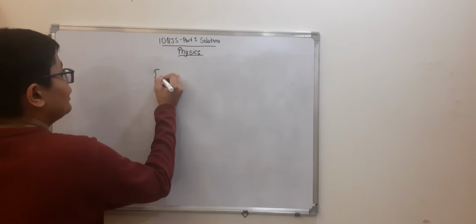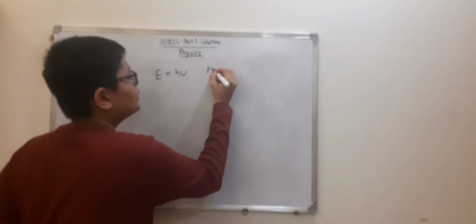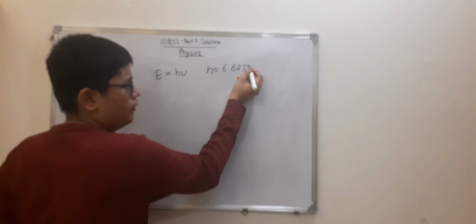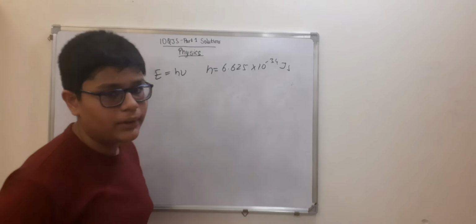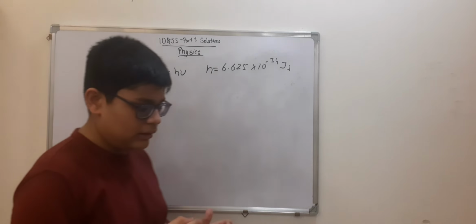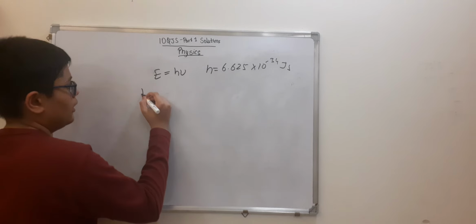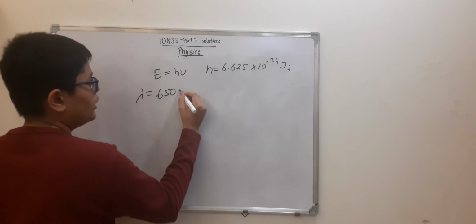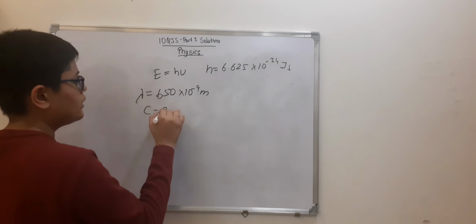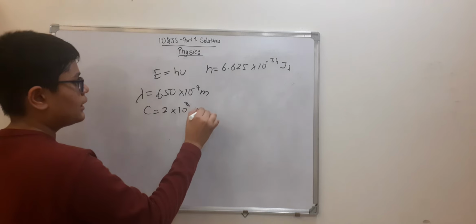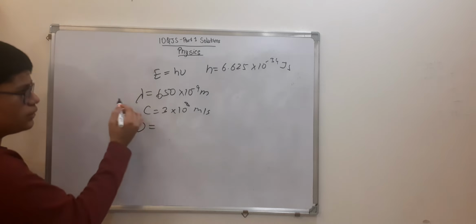So we are given that E is equal to h nu, and the h value was given as 6.625 into 10 to the power minus 34 joule second in the start of the paper. First of all, they had given the lambda, that is the wavelength, as 650 into 10 to the power minus 9 meters, right? And since c is 3 into 10 to the power 8 meters per second, you can get the frequency.